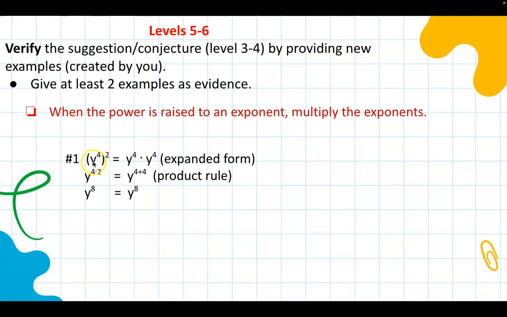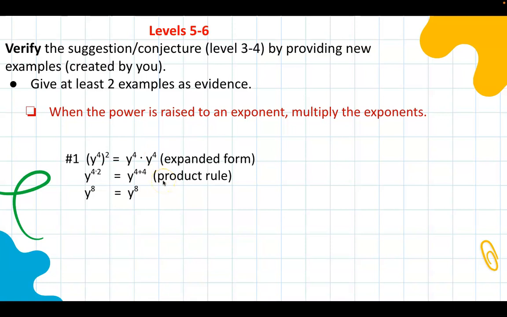There's one term inside the bracket, and then I multiply the 2 exponents, the inside and the outside. So 4 times 2, I have y to the 8th. On the right side, I use the expanded form. The exponent outside the bracket tells me that I'm going to multiply y to the 4th 2 times. So I have written it there.